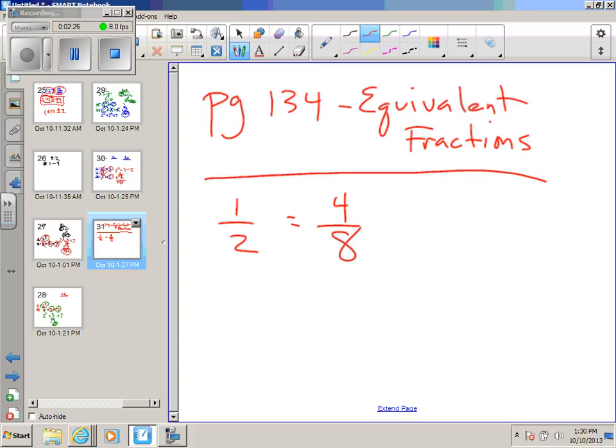If I decided to go 16ths, then how many? 8. So just because they look like they're different fractions, they're actually the same, because your tummy will still feel just as full if you ate 8/16 of a pizza as it would if you ate half, or if you ate 4/8 of it.